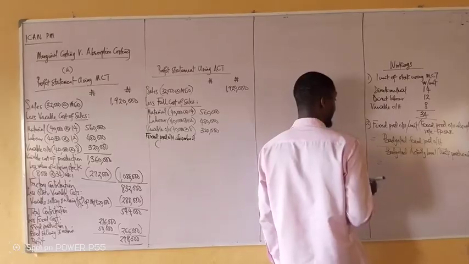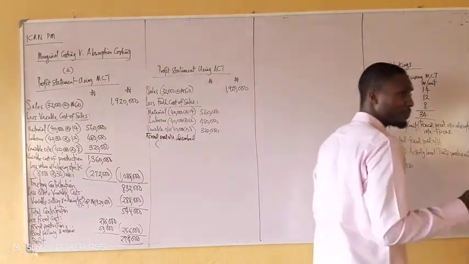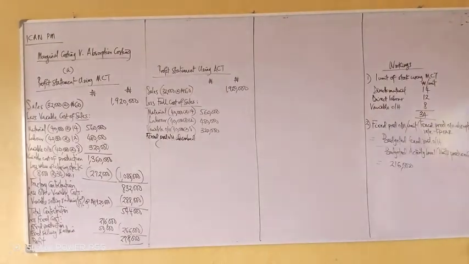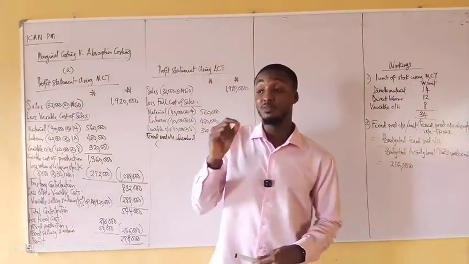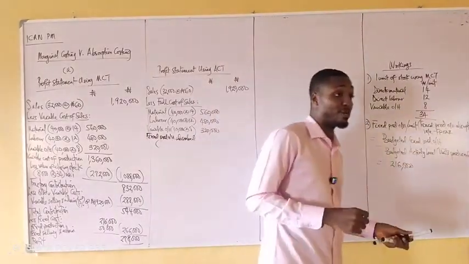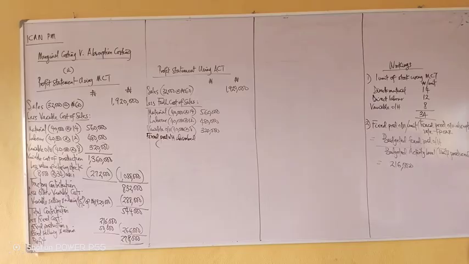So the budgeted fixed production overhead is 216,000. They also said fixed production overhead budgeted and incurred in the question. Which means they're telling you that this 216,000 was what they budgeted. It was also what they actually incurred. The budgeted and the actual are the same thing.